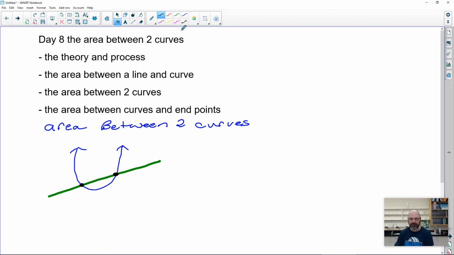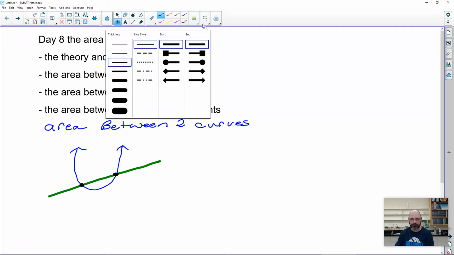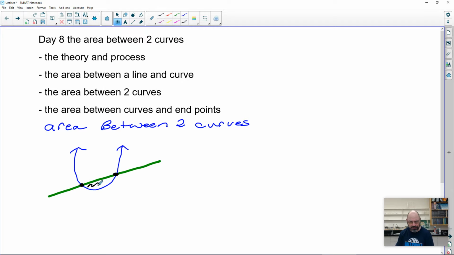So we could actually calculate this area here between those two curves. We'll call this point B and this point A, B being the rightmost point and A being the leftmost point.